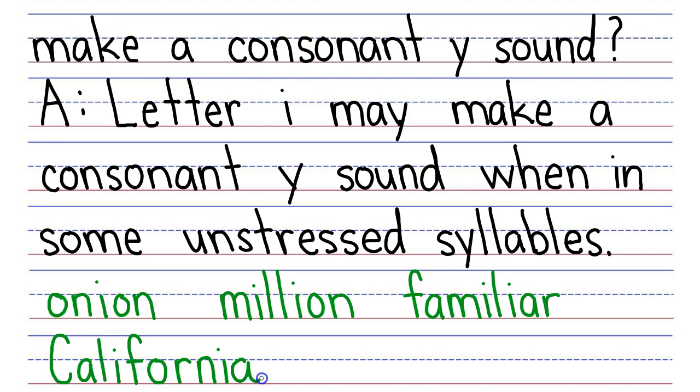C-A-L-I-F-O-R-N-I-A. Let's sound it out. C that says k, A that says a, L that says l, I that says i, F that says f, O-R that says or, N that says n, I that says y, and the unstressed vowel, an unstressed A, says uh.